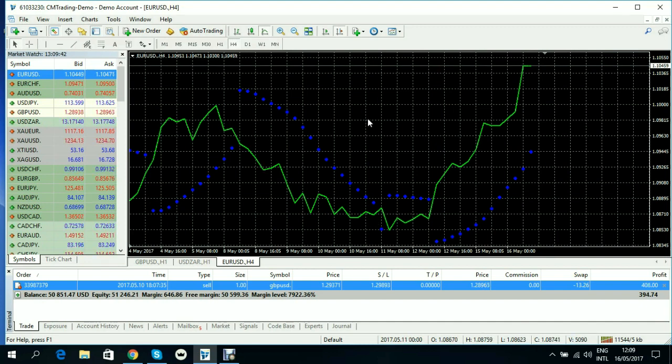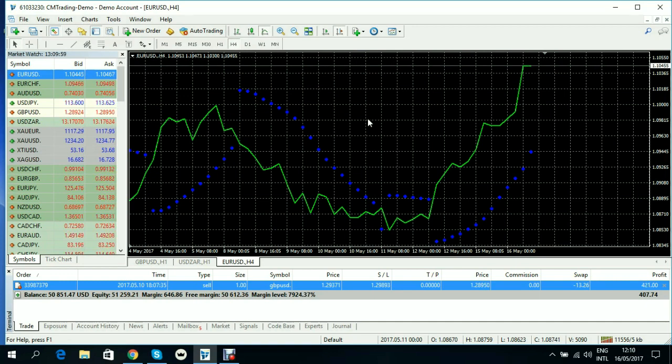Alright, so let's continue to look at what is in store when using the parabolic SAR or the parabolic dots in trading.